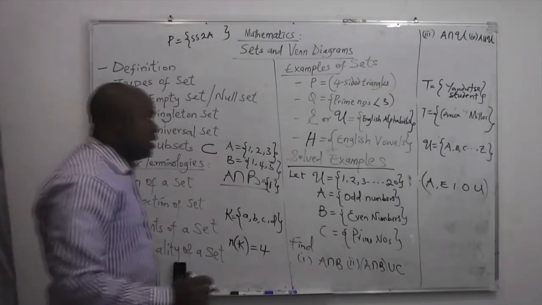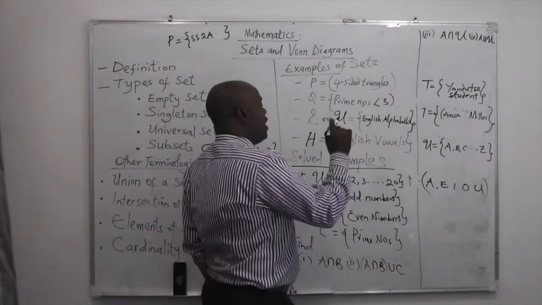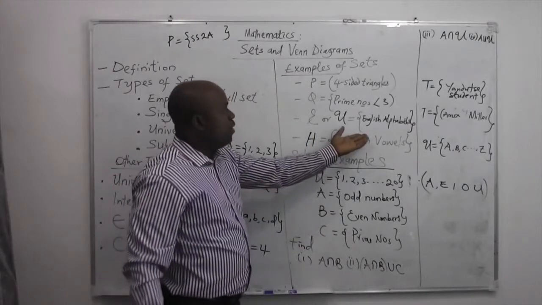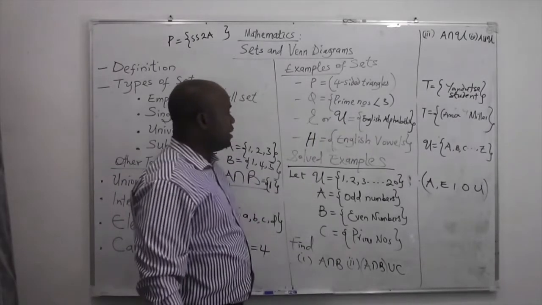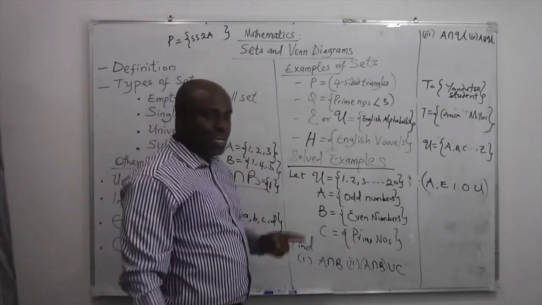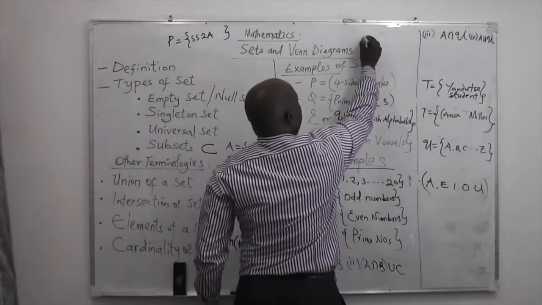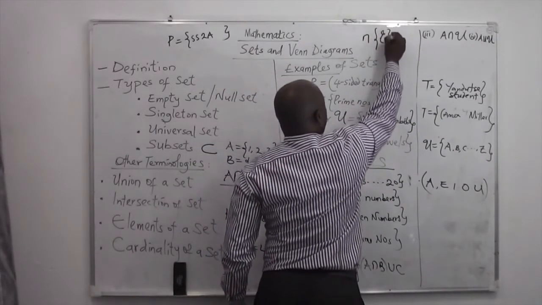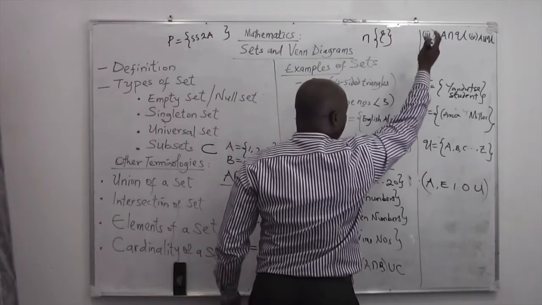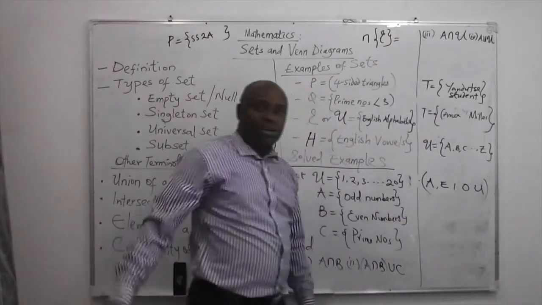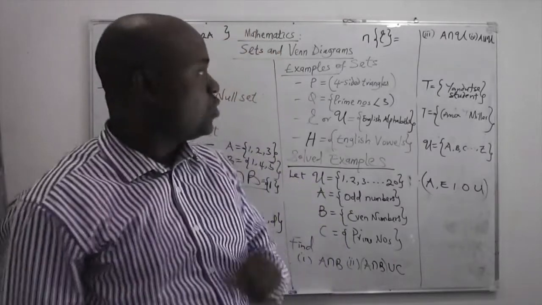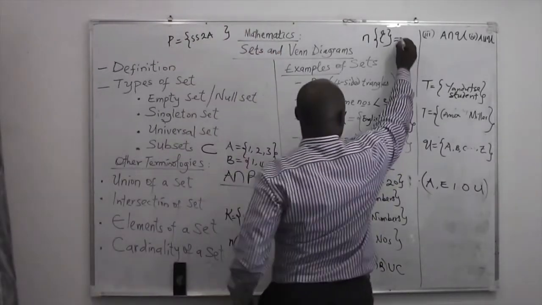Now, if I say, for the universal set that we referred to before, the English alphabet, find the cardinality, it means I'm asking to find n(U), where the universal set is the English alphabet. How many letters do we have in the English alphabet? That's 26. That's the cardinality.